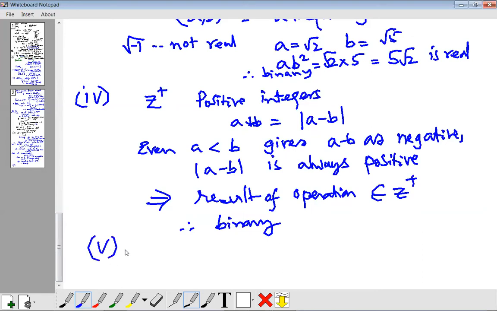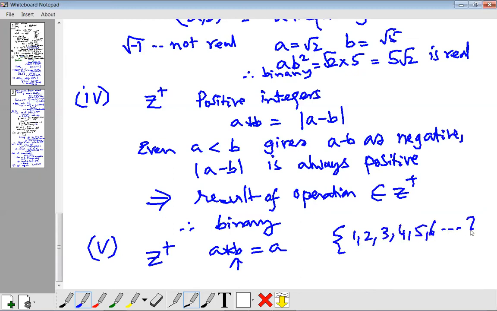So fifth one. Here A star B is A. Wow, this is a funny operation, right? It says A star B. So whatever you multiply, you don't care what the next one is, you are picking up A only. That is not the answer. But still you are picking up anything from 1, 2, 3, 4, 5, whatever.